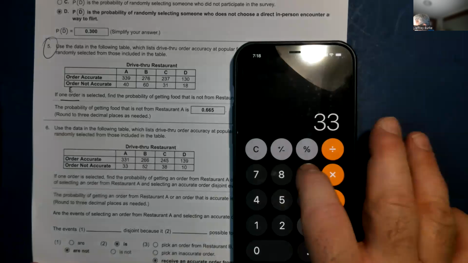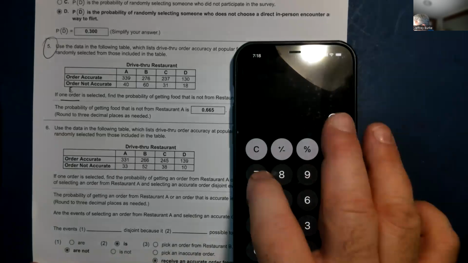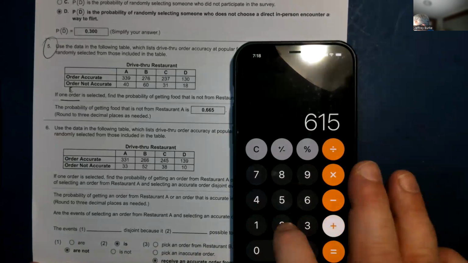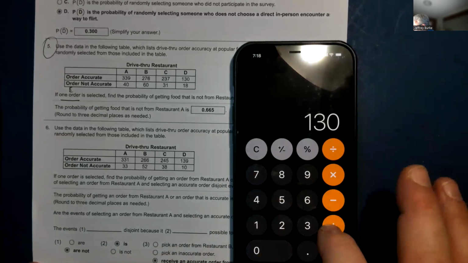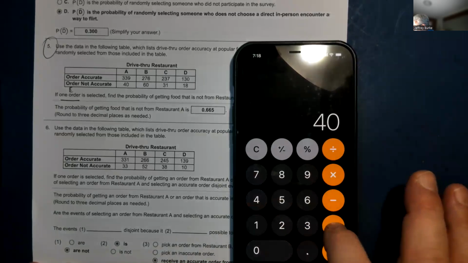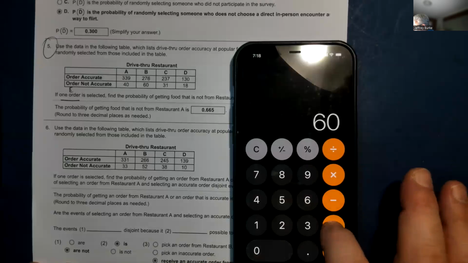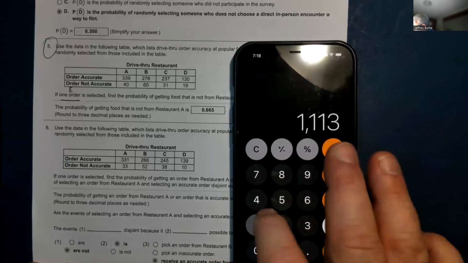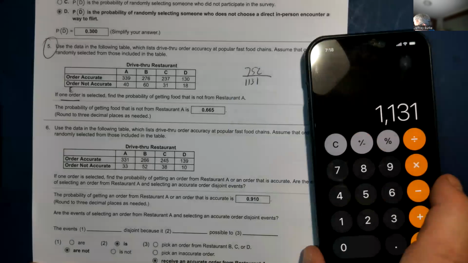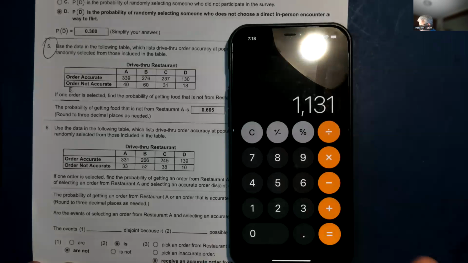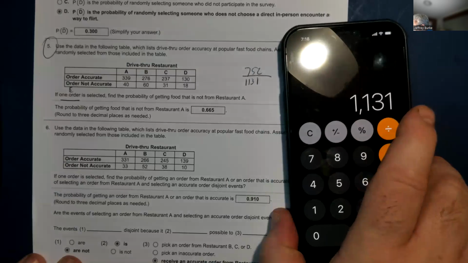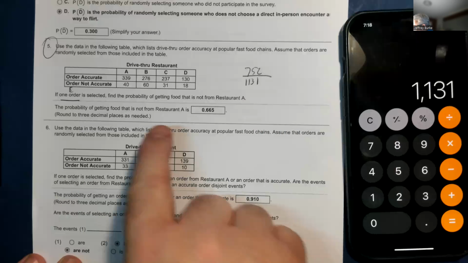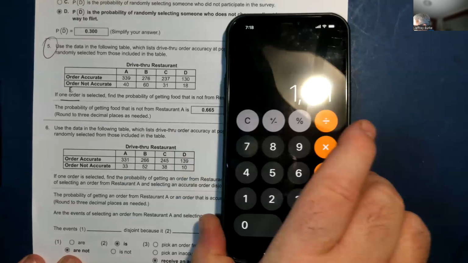So 339 plus 276 plus 237 plus 130, okay, plus 40 plus 60 plus 31 plus 18. Oh, yeah, I got 1131. Okay. So let me just add these up and make sure I did that correctly.